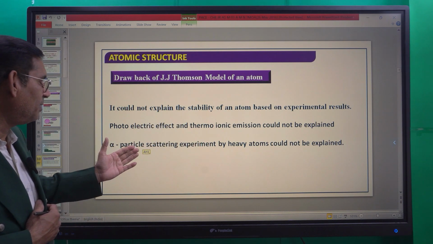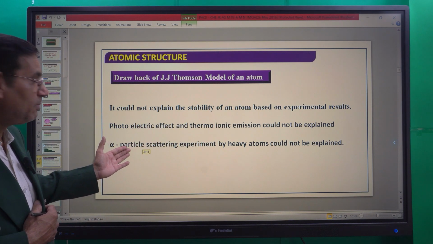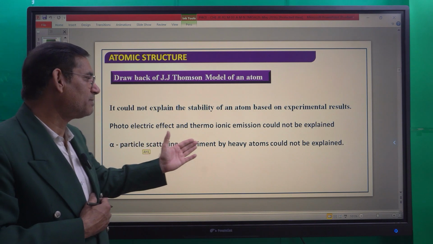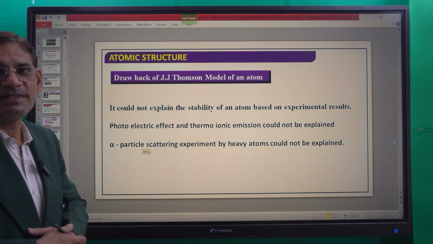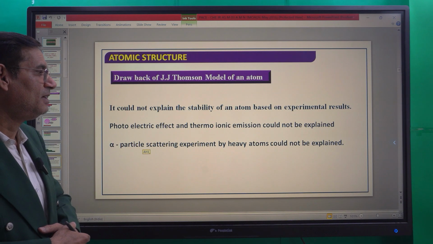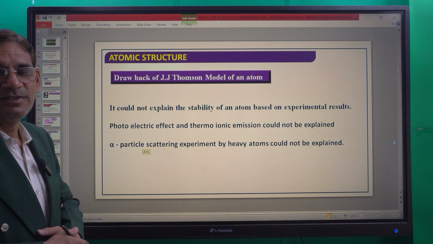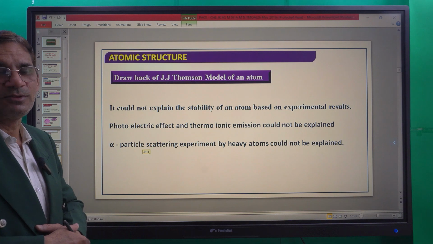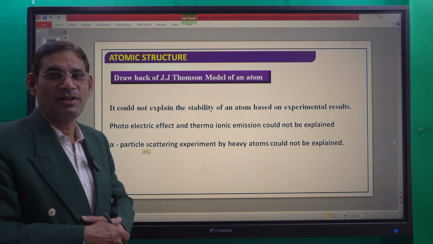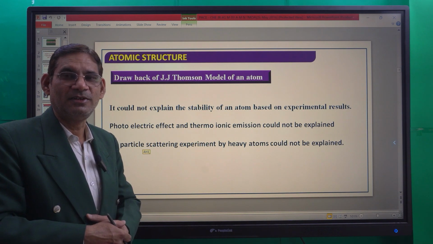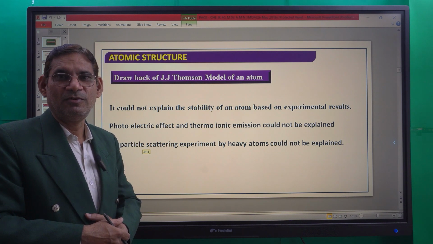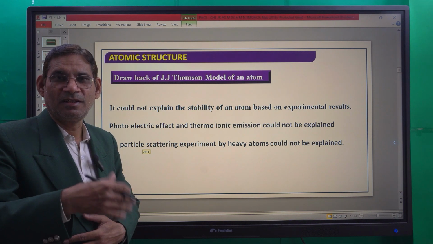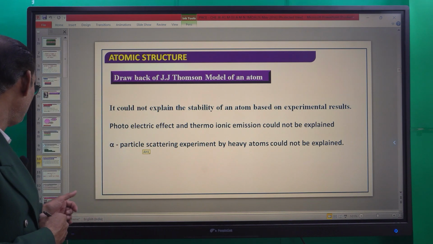It was unable to explain the alpha particle scattering experiment by heavy atoms, by higher elements, by atoms having higher atomic mass. So these were the main drawbacks of Thomson's atomic model, and because of these drawbacks, there was a need for a better atomic model which could explain the structure of the atom in a much more correct way.